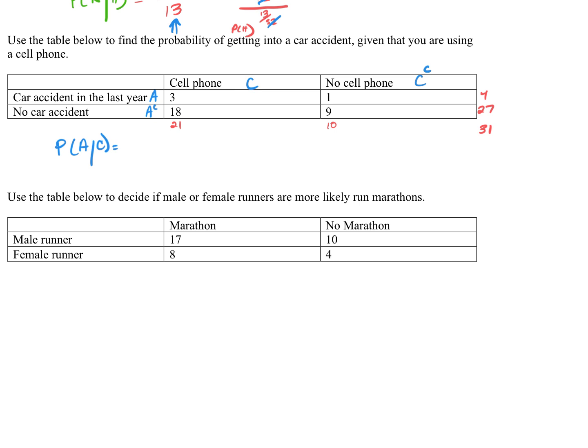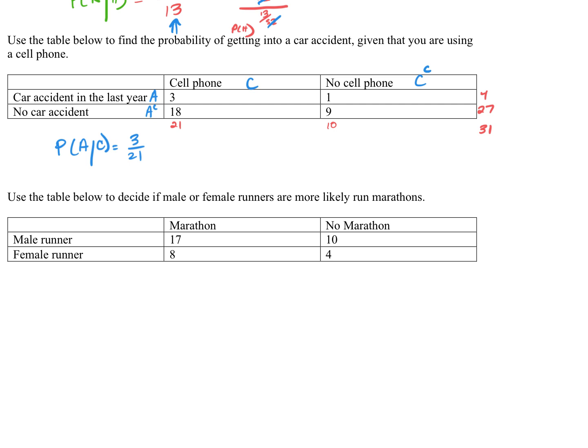Okay, so given the two-way table, what do you guys see? What do you guys want to do here to come up with this answer? So we want to know, given that somebody's on a cell phone, what's the probability they get into an accident? So are we all comfortable with 3 out of 21?